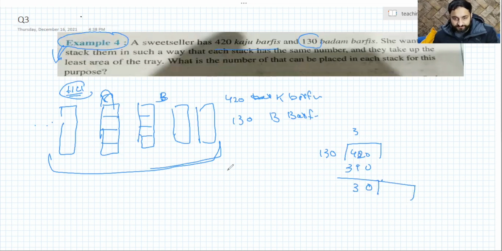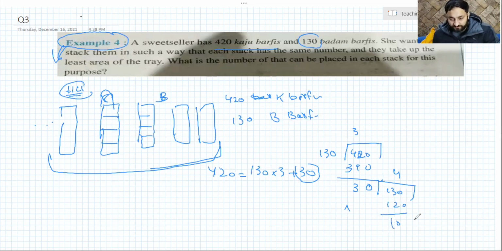How can you represent? 420 equals 130 multiplied by 3 plus 30. In the next step, you take the remainder as the divisor and the divisor as the dividend. 130 equals 30 multiplied by 4 plus 10.